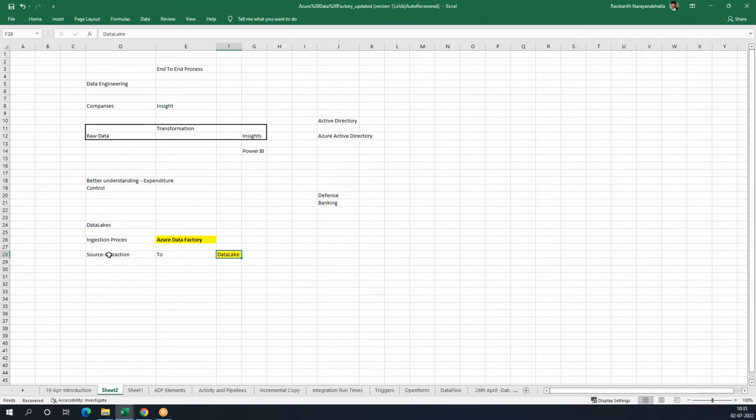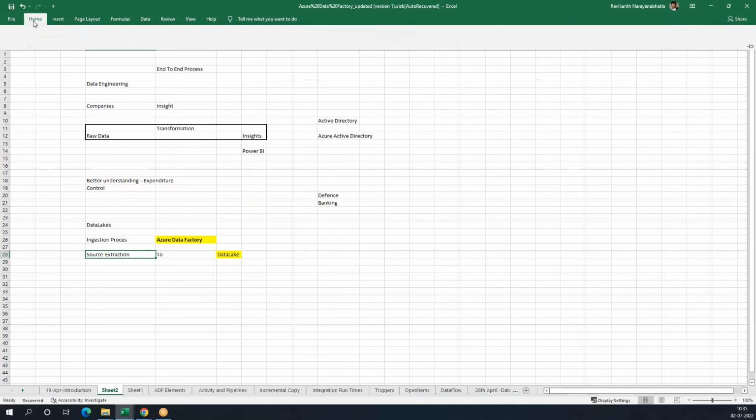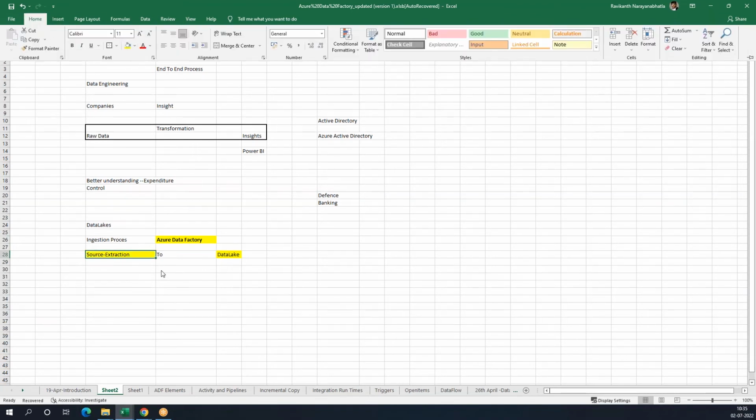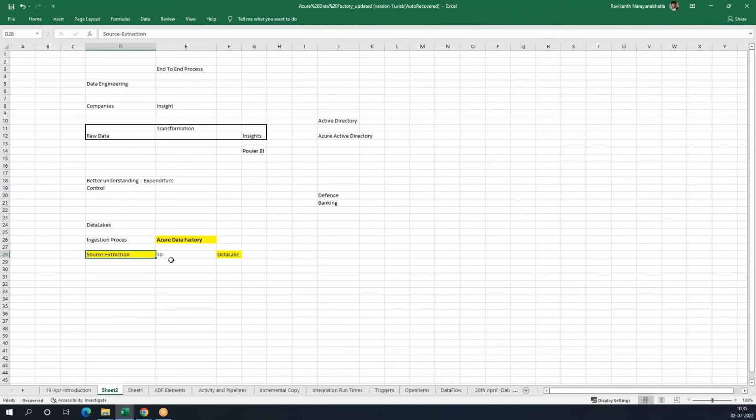And we dump that data into the data lake. Now you might have a question: is this it? No, we are just dumping the raw data only. There are a few more things to it.